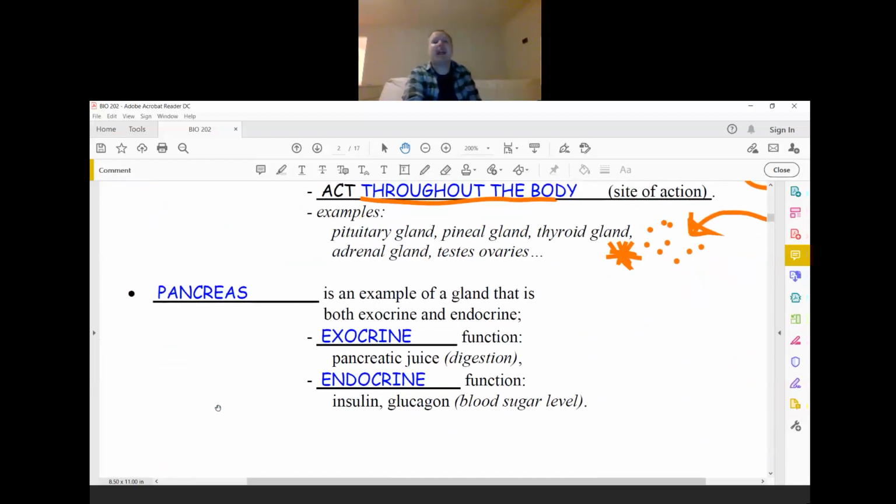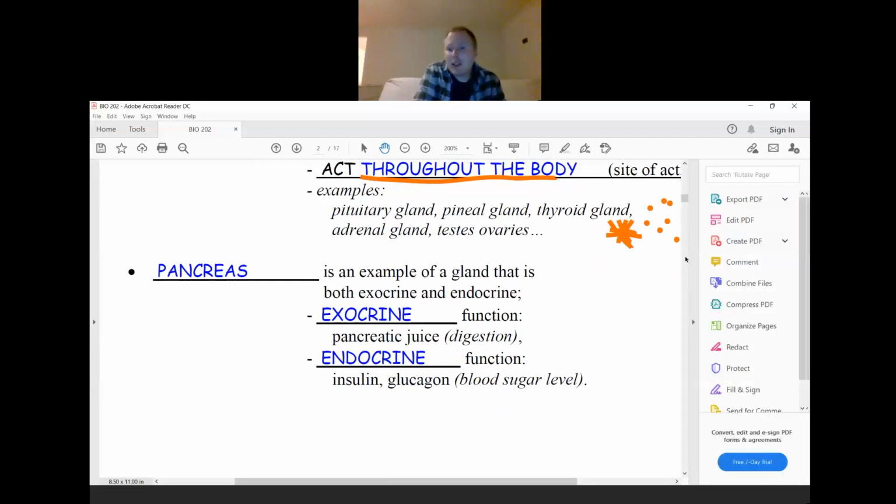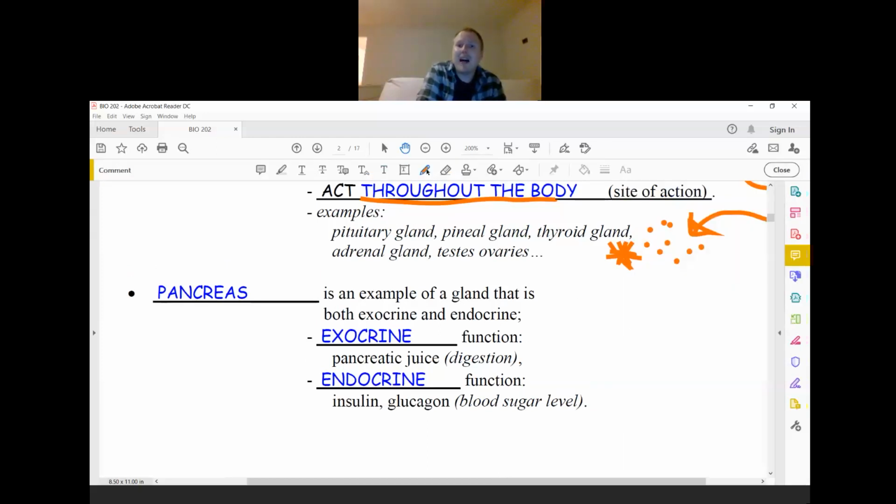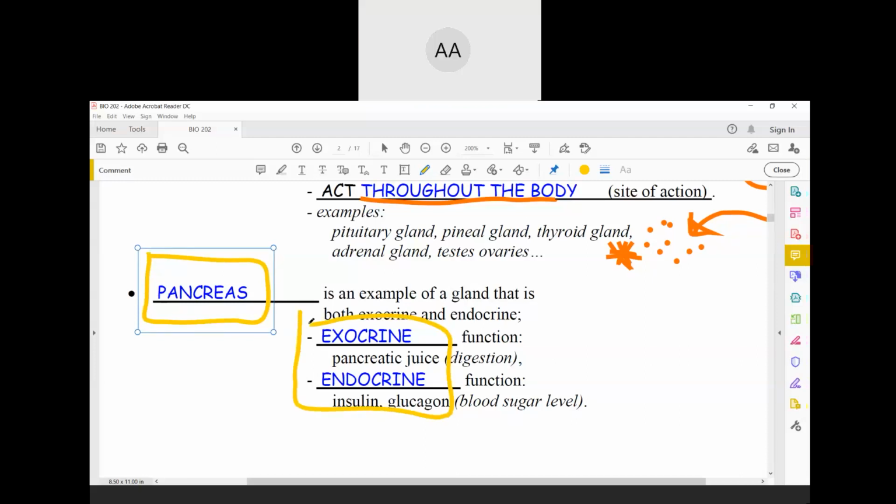There's one specific gland that I wanted to highlight here, and usually we as anatomists and physiologists love things when they are a little odd or when they're off from normal. Well, the pancreas is a good example of a gland that is actually both exocrine and endocrine. The endocrine function of the pancreas is what we're going to be focusing on, and that's all to do with blood sugar level regulation.